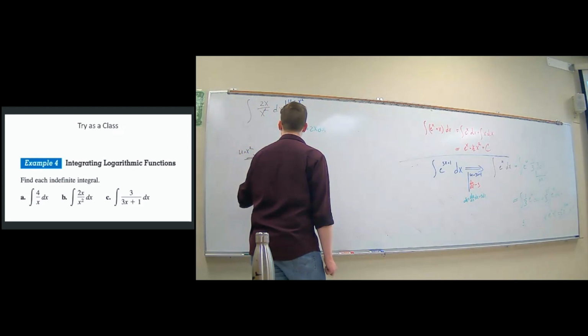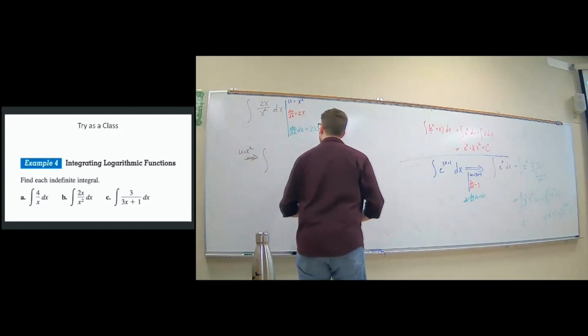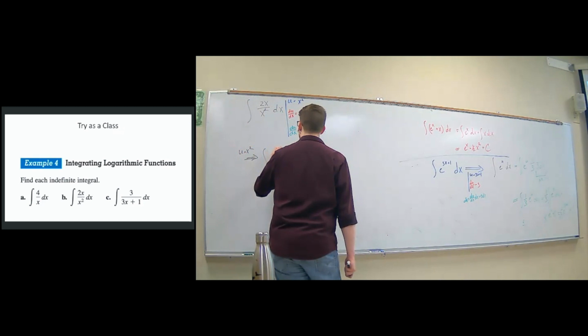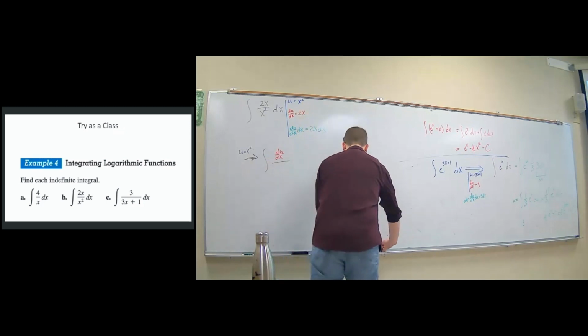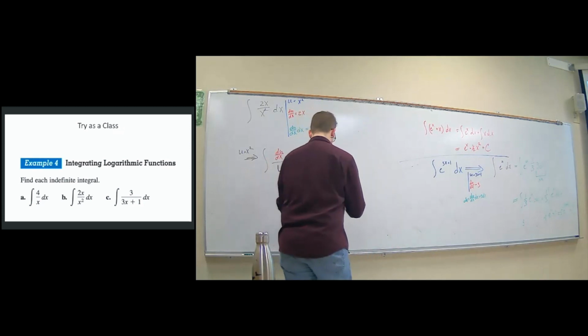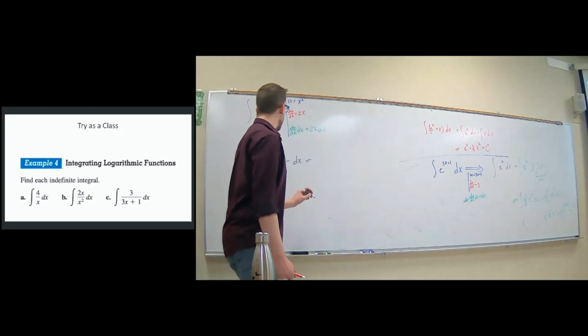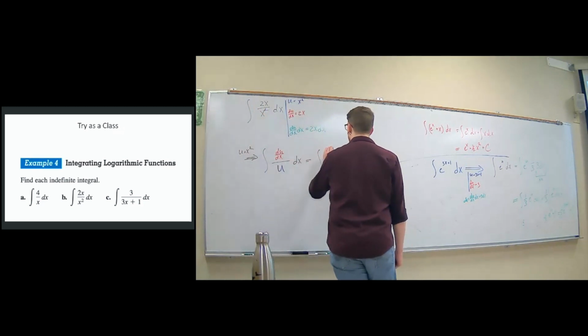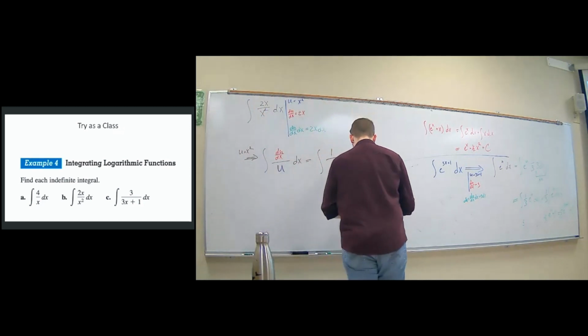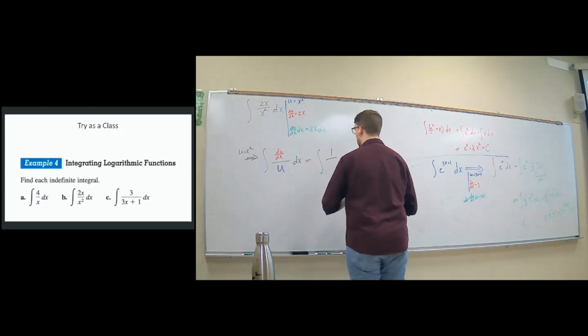And rewrite all of this as the integral of du dx divided by u integrated with respect to dx. But this is just the integral of 1 over u integrated with respect to u.